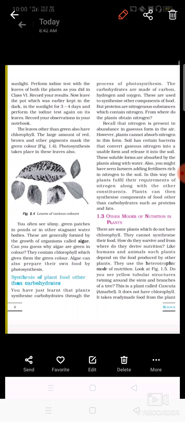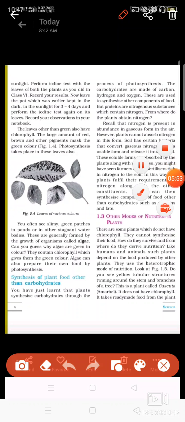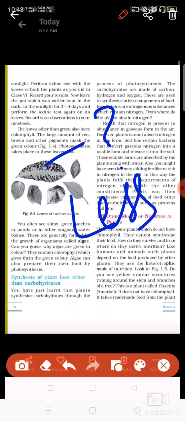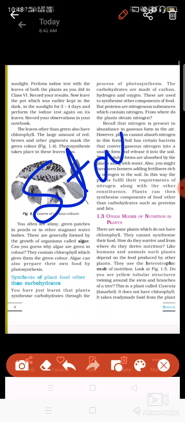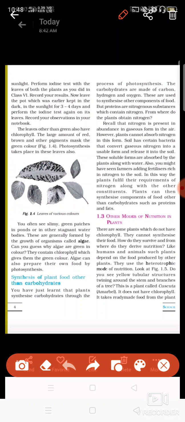Now let's discuss the other part of your chapter. If you want to see whether photosynthesis is carried out in all parts of the leaf, yes, it occurs. But if your leaf is having more than one color, then the chlorophyll pigment is a little lesser, or you can say the other color masks the pigment, so the amount of photosynthesis will be a little lesser than in the green parts. If we want to know whether starch is formed or not, or whether photosynthesis has happened or not, we can do it by iodine solution.